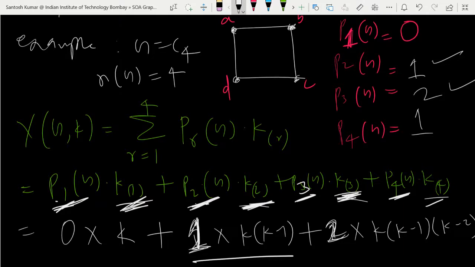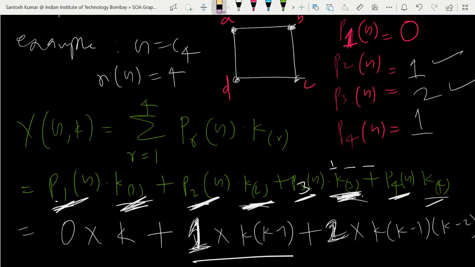So for the first set in the partition, you have K choices. For the second set in the partition, you have K minus 1 choices. For the third set in the partition, you have K minus 2 choices. Like this.